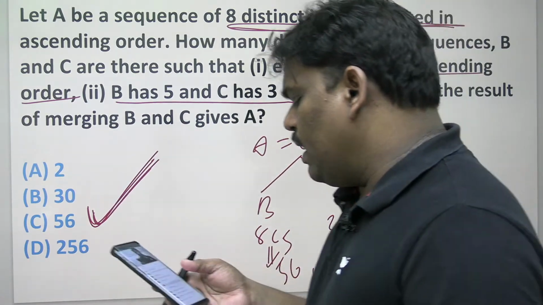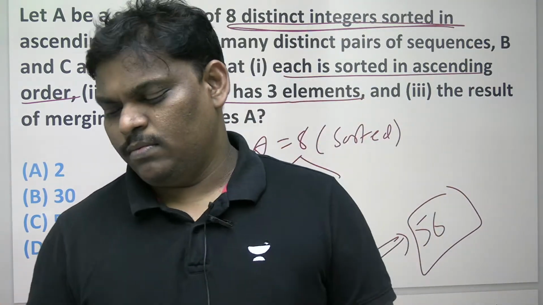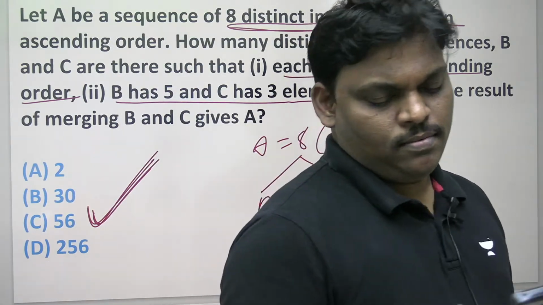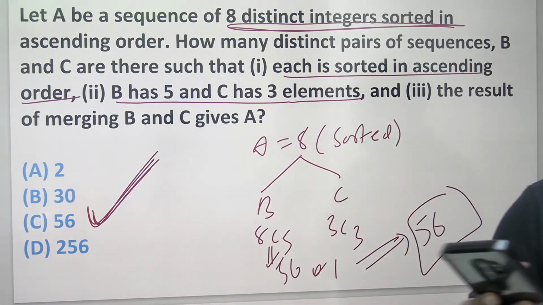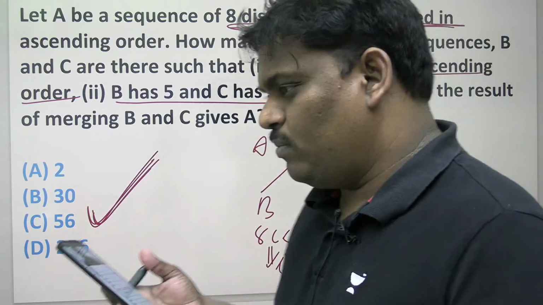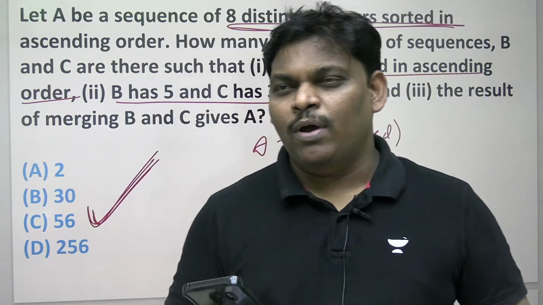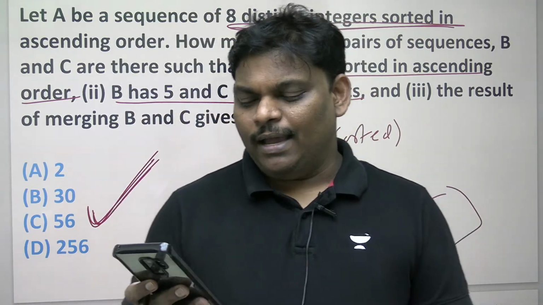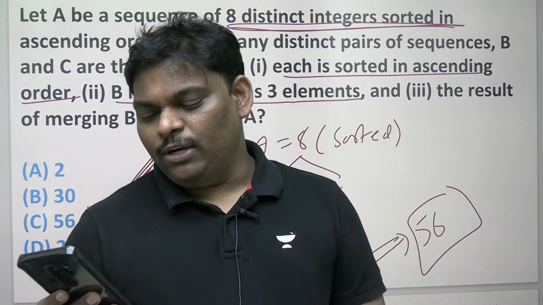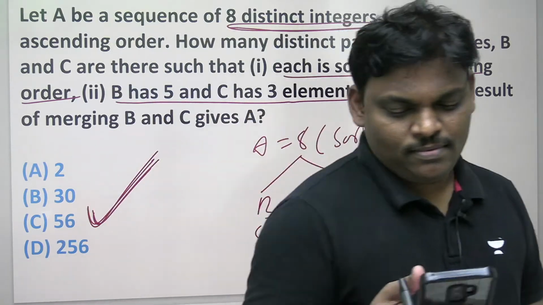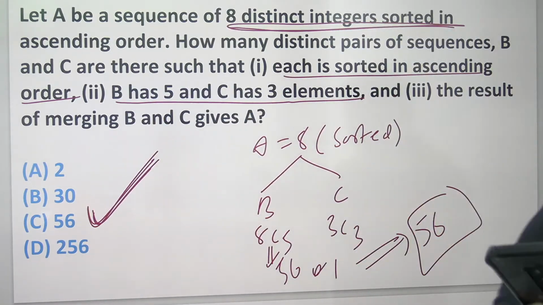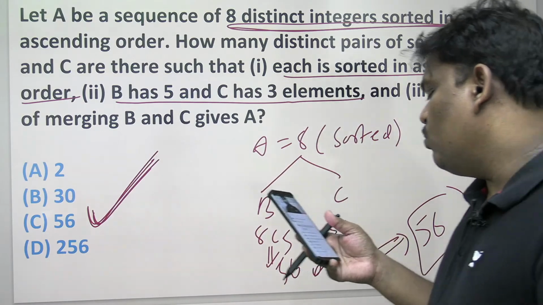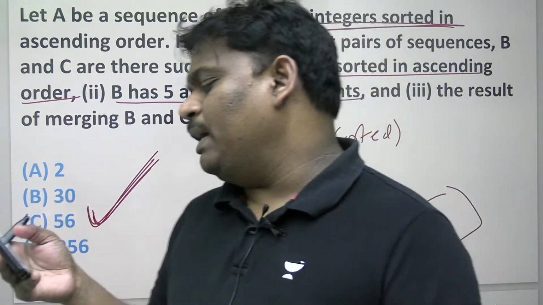Sir, are you at home or office right now? I am at metro. In metro, I am teaching. Mishra is asking, sir, are you at home or office right now? I am at metro.